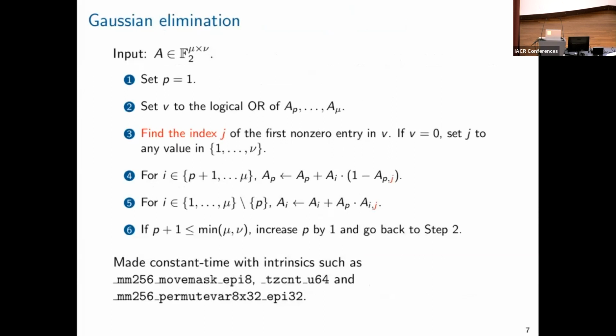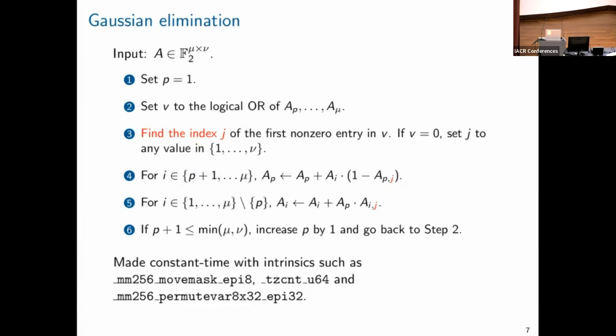Okay, here's how you can do Gaussian elimination in software. Basically, you consider your input matrix as a mu times mu matrix in F_2, and every time you want to find a pivot P, you compute the logical OR of the P-th row to the mu-th row.